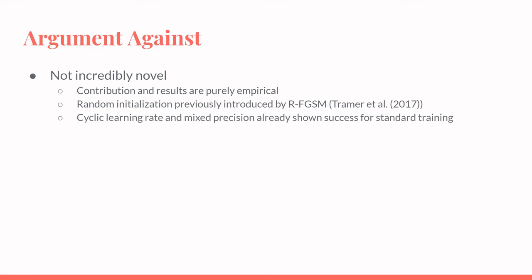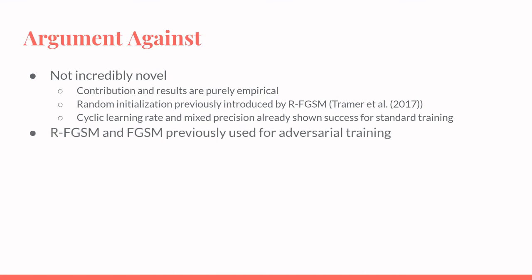Moreover, the authors spend a lot of time talking about cyclic learning rate and mixed precision, but this has already been shown extensively in previous work as well. So both in my own personal research and also looking at reviews for this paper, I found a couple other works that use both random initialized FGSM and also standard FGSM for adversarial training.